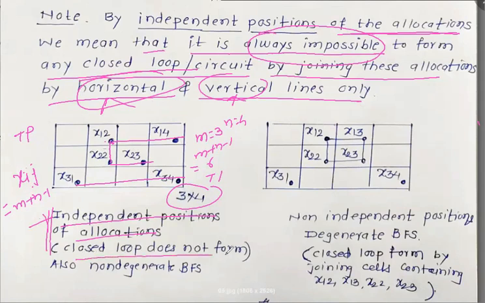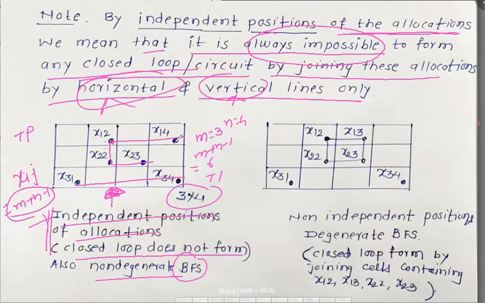Why? Because a closed loop does not form by joining these positive allocations. This is a non-degenerate basic feasible solution. Why a basic feasible solution? How many positive allocations are there? m plus n minus 1, which is 6, and these 6 positive allocations are at independent position.